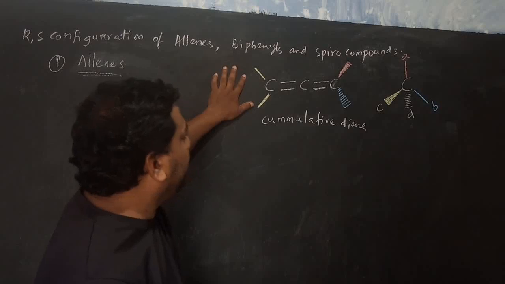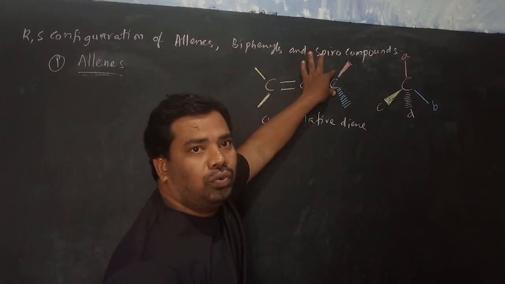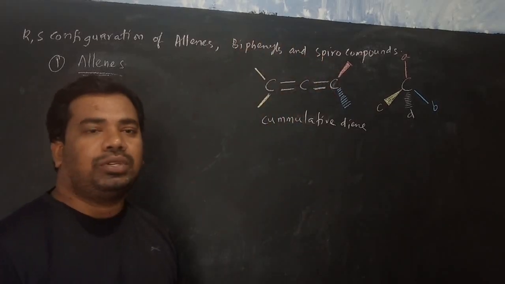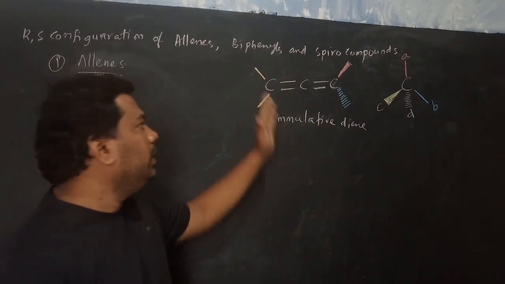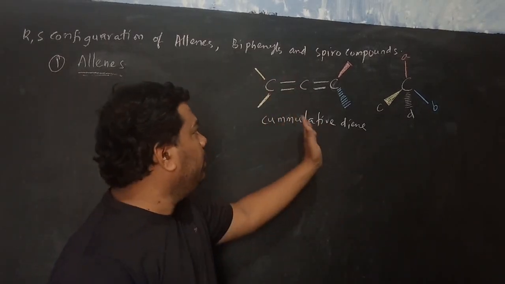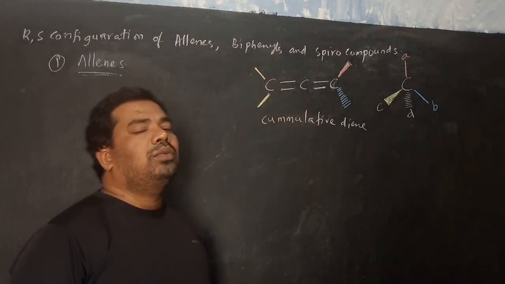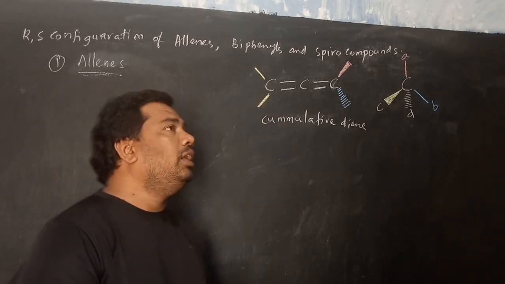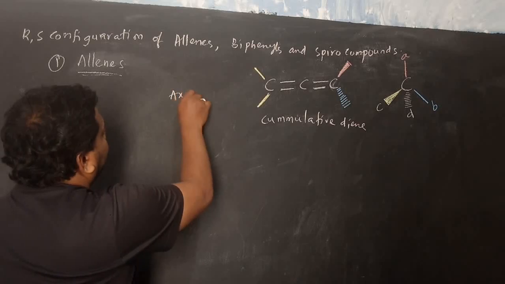But you can see here this carbon atom does not have four different substituents, and this one also does not have four different substituents. So how can we assign? Generally these allenes are chiral in nature, and we can express the chirality of these allene molecules based on their axis of chirality.